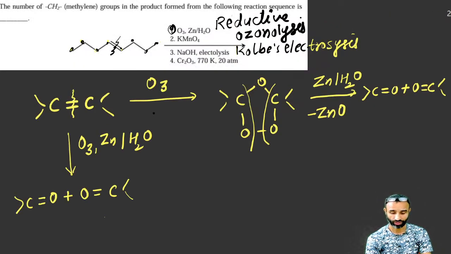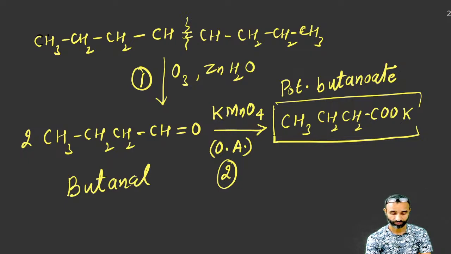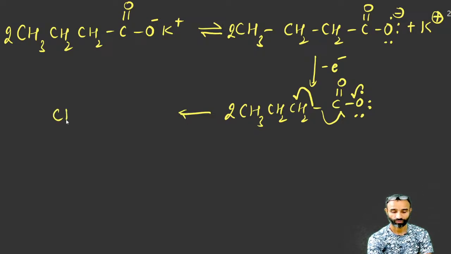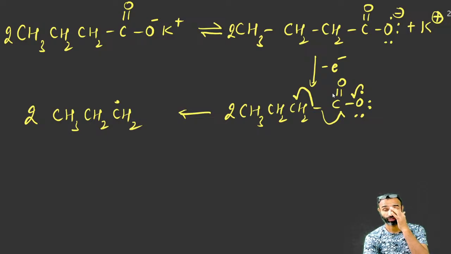And in this case, we get two molecules, two, again two. And does this reaction take place at the anode or cathode? At the anode, beta, because there is removal of an electron. Yes, this reaction takes place at the anode.